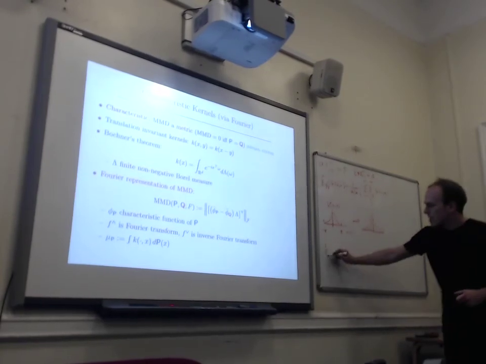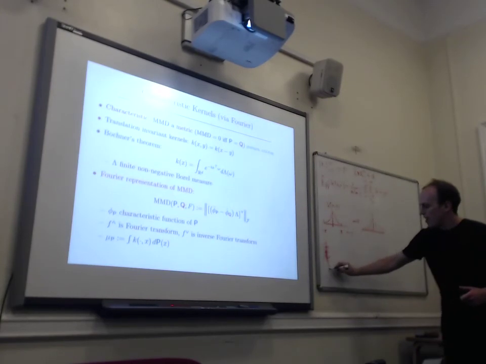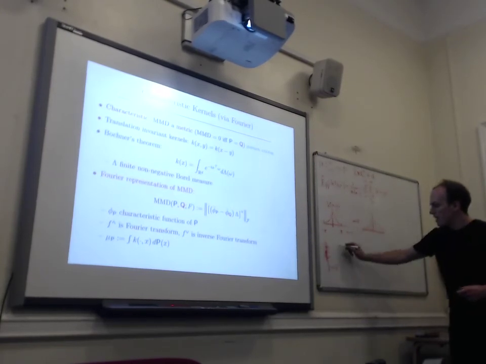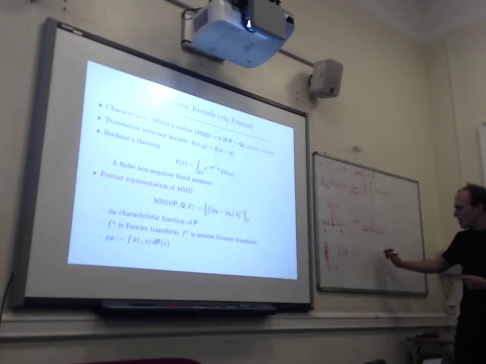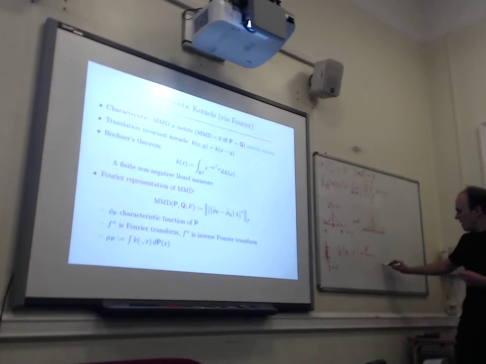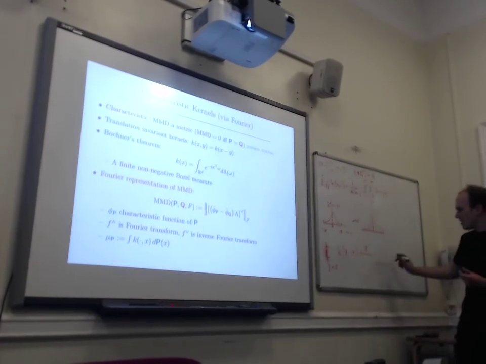If you've got the expectation, with x distributed according to P, of the kernel k(x minus x dash), this can be written as the inverse Fourier transform of the product of the Fourier transform of k. So let's say I've got a Gaussian kernel.